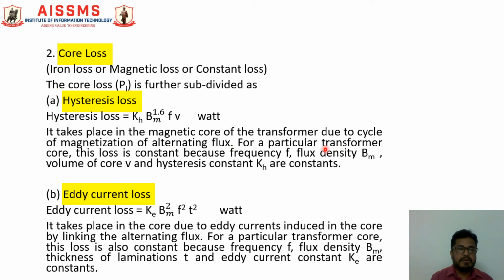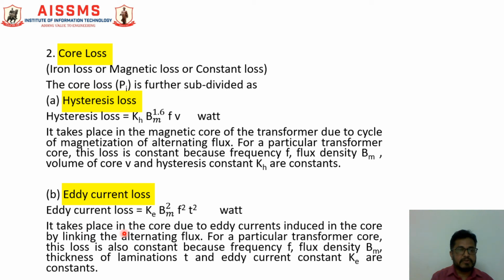For a particular transformer core, this loss is constant because frequency F, flux density Bm, volume of core V and hysteresis constant Kh are constants. Second, eddy current loss. The eddy current loss equation is equal to Ke into Bm raised to 2 into F square into T square watt.